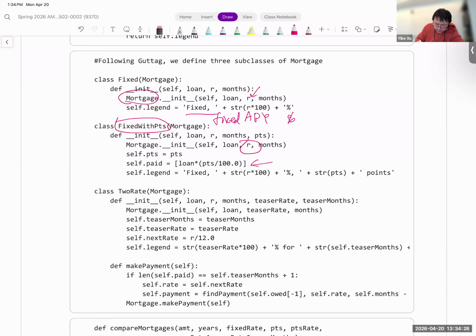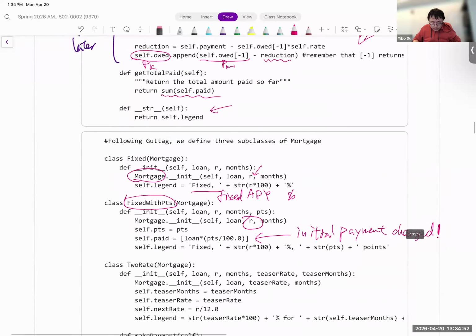So notice the initial payment is changed. The initial payment is not zero anymore. So that's the amount that I need to buy the points.